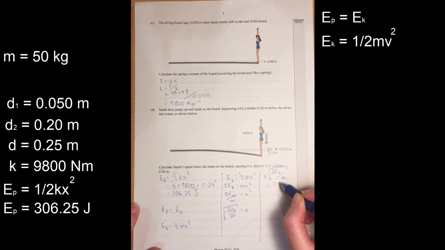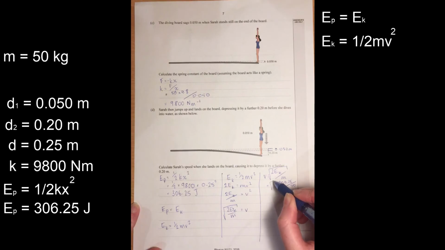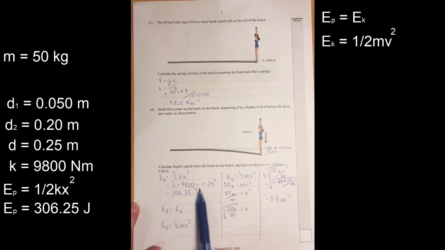So we're going to have 2 times 306.25 divided by 50 and then square root that whole thing, a velocity of 3.5 meters per second once she lands on that board. Calculating this or having this idea gets you an achieved. Getting both this and this gets you to a merit, and actually getting you to the end gives you an excellence.